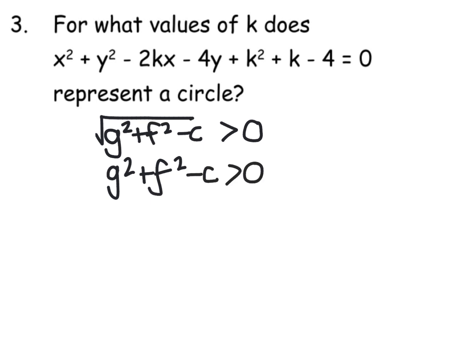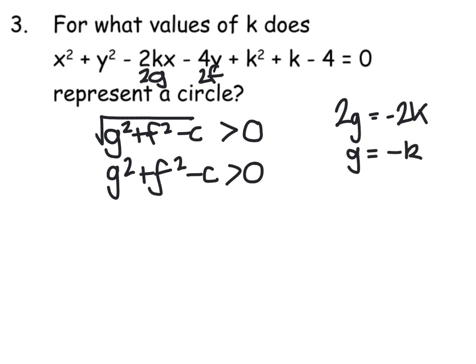Alright, so let's get our f and g values. So remember, this is your 2g, this is your 2f. So you've got 2g equals negative 2k. So g is going to be replaced with negative k. You've got 2f equals negative 4, so f is going to be replaced with negative 2.